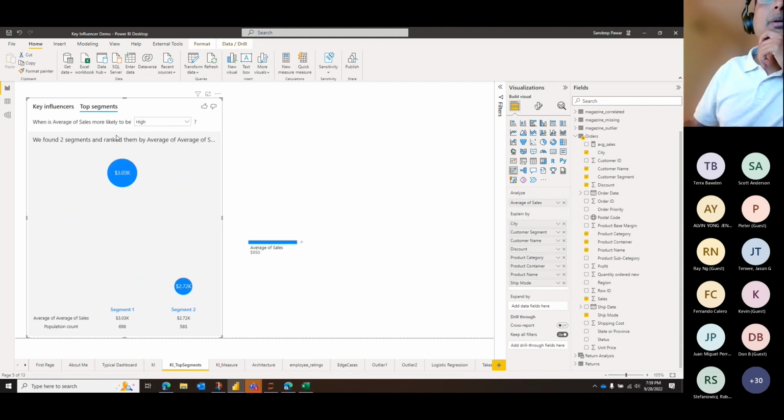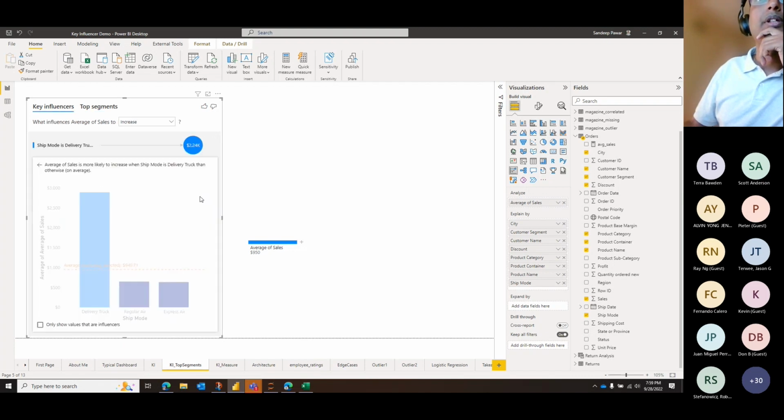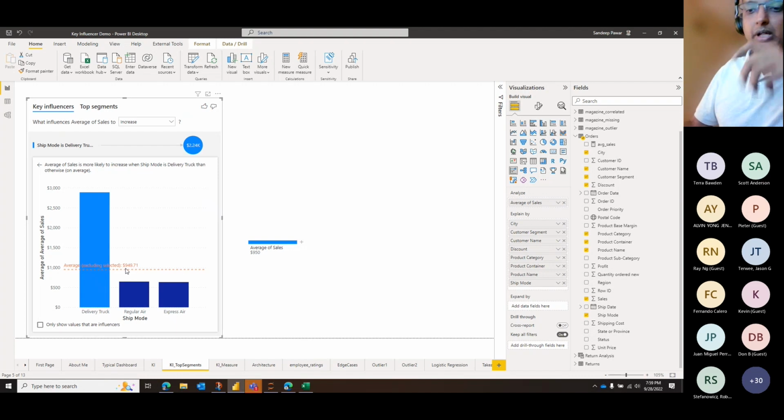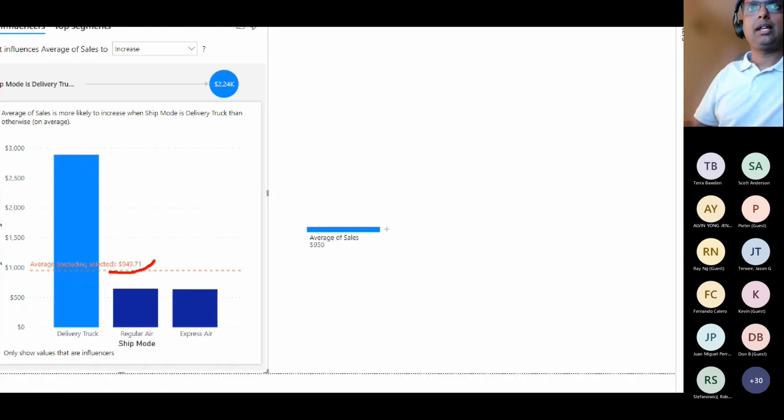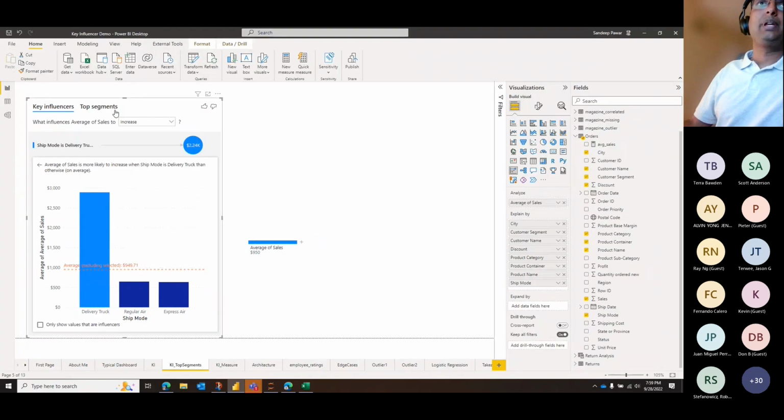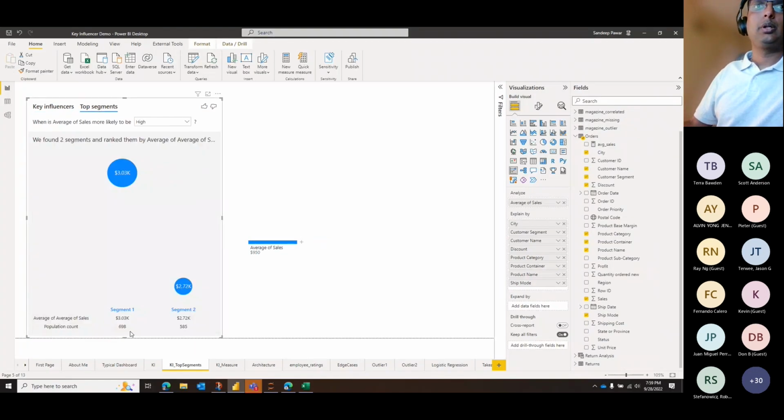Let's look at the segments here. Let me click on this. You'll see that the average sales is 950. Power BI found only two segments in this case. One segment has an overall average sale of $3,000.